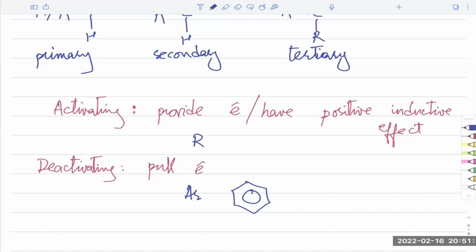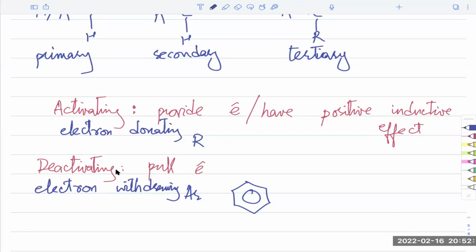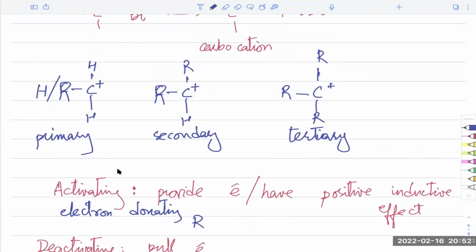So if R is attached to something, it will give electrons to that thing. It will push electrons towards it. And if an arene is attached to something, it will pull electrons towards itself. We say that this is an electron donating group and this is an electron withdrawing group. So one thing that you should know is that electron donating groups make positive charges more stable.